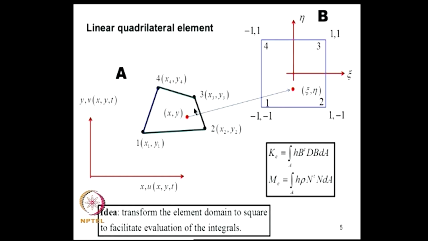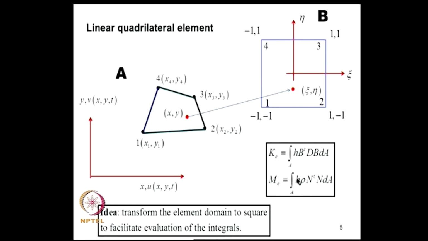Now, what we do is we introduce a transformation so that a point in x, y gets mapped to a new set of coordinates xi and eta. This coordinate transformation is implemented exclusively for the purpose of evaluating these integrals.